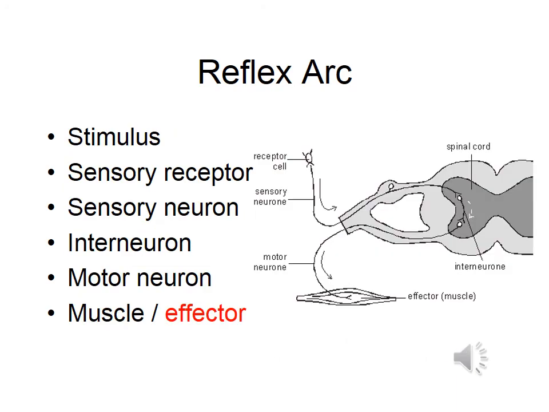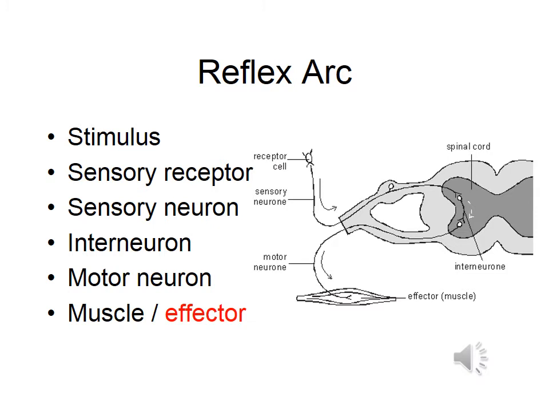So there are sensory receptors in your knee, a little patch of neurons right there. They're sensory neurons. They're receptors. So you get the hammer, that would be the stimulus, and it hits the little patch of neurons, the receptors there, and those receptors send that information through the sensory neuron all the way to the spinal cord.